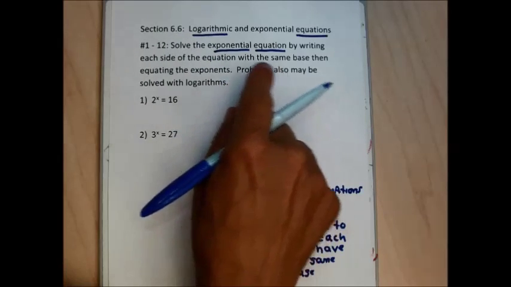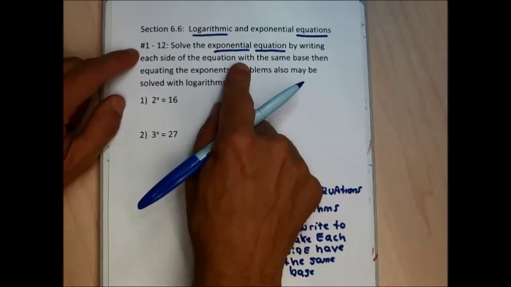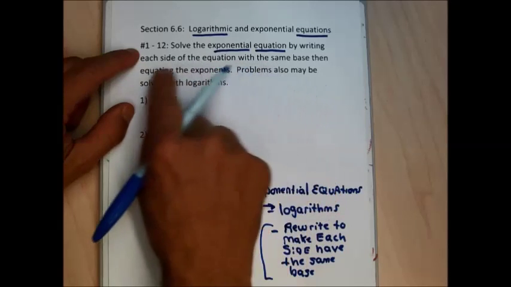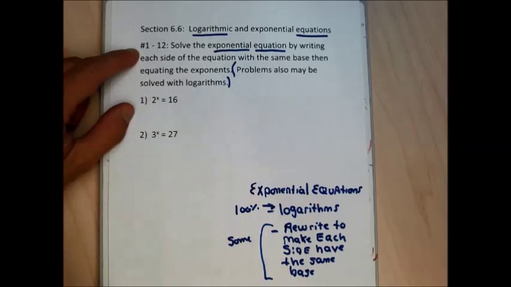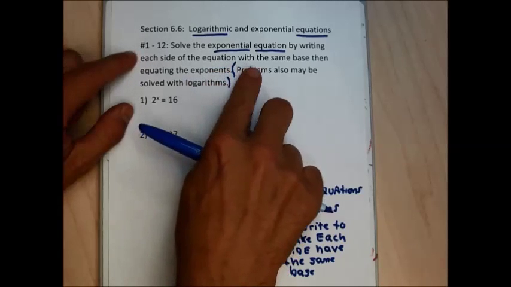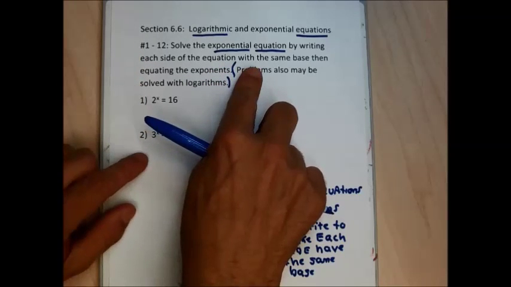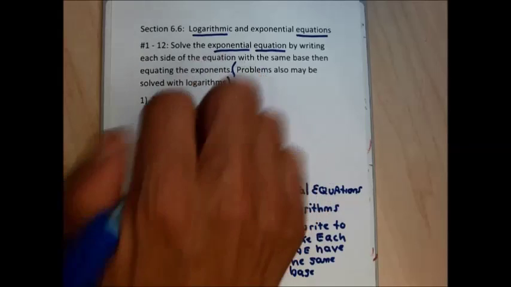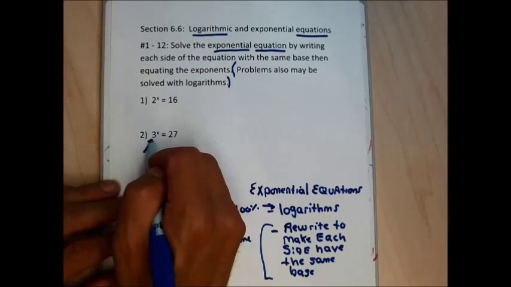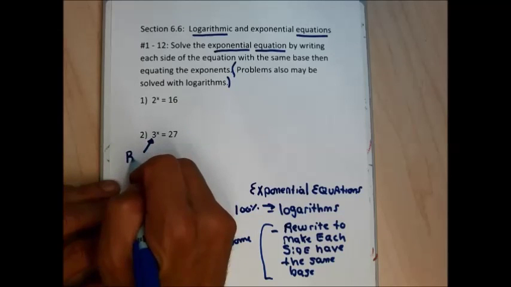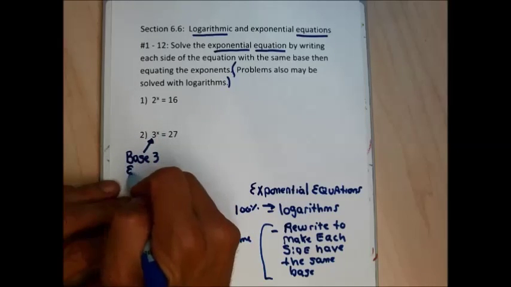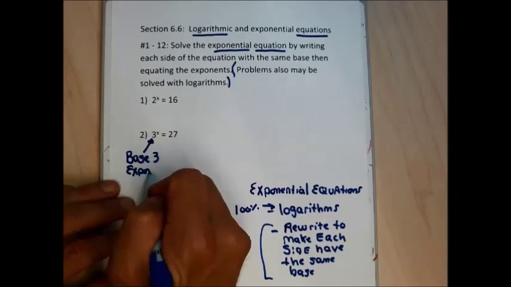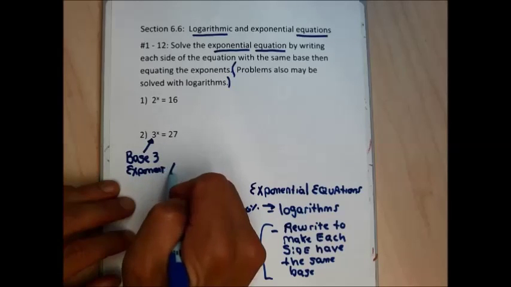So, to solve the equations in problems 1 through 12 by the way that's described, writing each side of the equation with the same base and equating the exponents, and then it says problems may also be solved with logarithms. Let me show you what this first sentence asks me to do. The first sentence wants me to write each side with the same base. In problem 2, on the left-hand side, the base is 3, and the exponent is x.